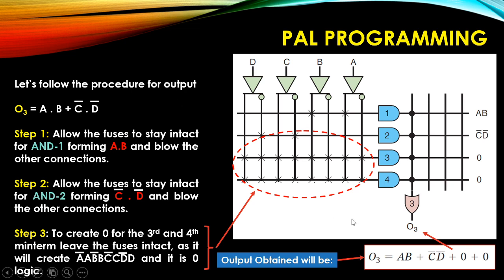So from these two AND gates, 3 and 4, we will get two zeros. So the output of O3 will be A dot B or C bar dot B bar.